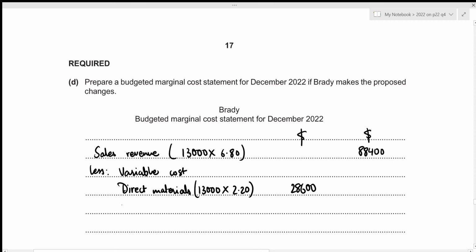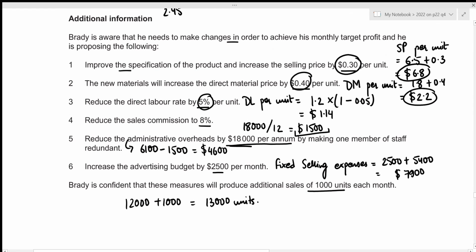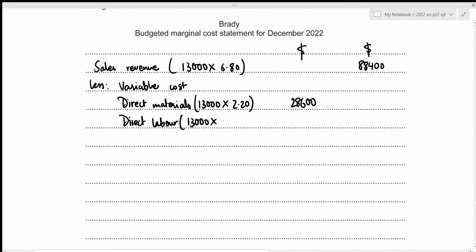The next variable cost is direct labor. Again, the total number of units is 13,000. And we figured out the direct labor per unit to be 1.14. Let's substitute that. This gives our total direct labor to have the amount of 14,820.